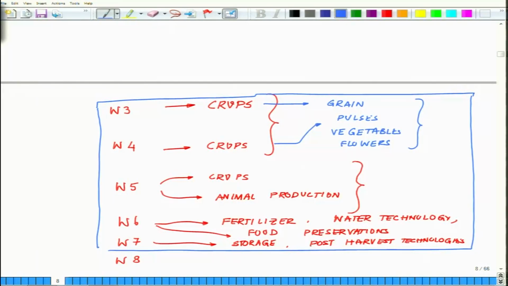Then in week 8, which is the concluding week, we will talk about the future, the regulatory bodies who are directly concerned with it, and innovative strategies.